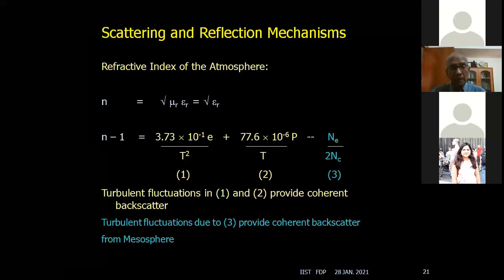So this is actually the refractive index. Since we are talking about refractive index fluctuations, we will write the refractive index, which is related to the square root of the dielectric permittivity. The fluctuation is actually so small, a few hundred parts in a million.